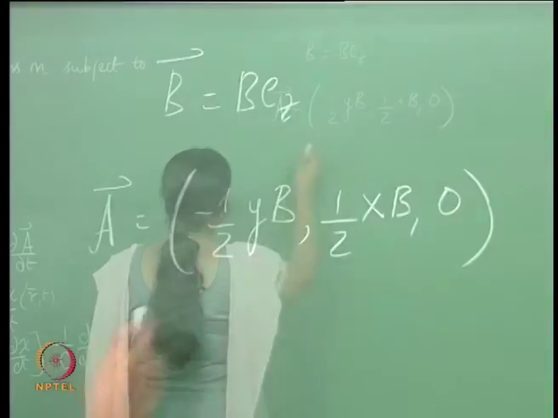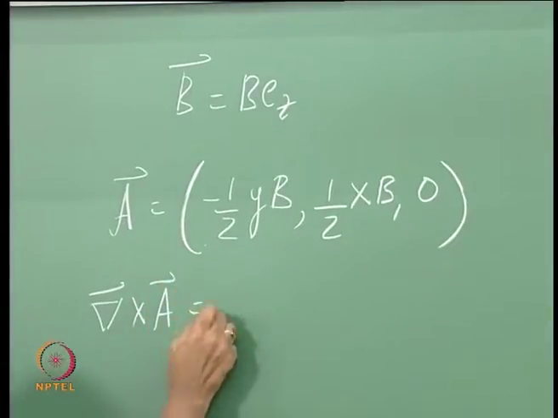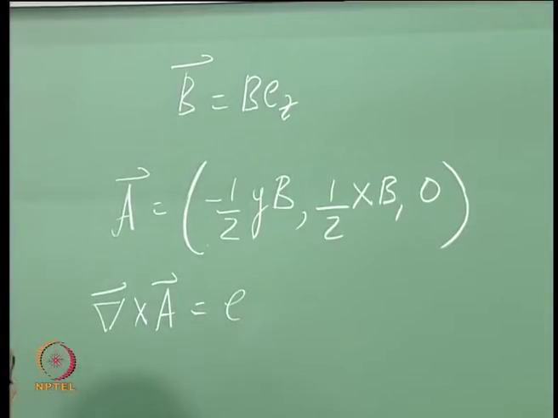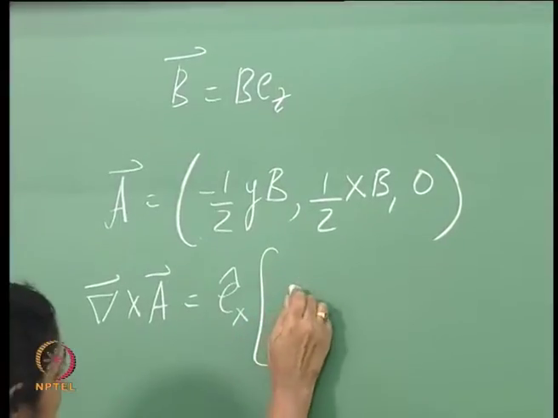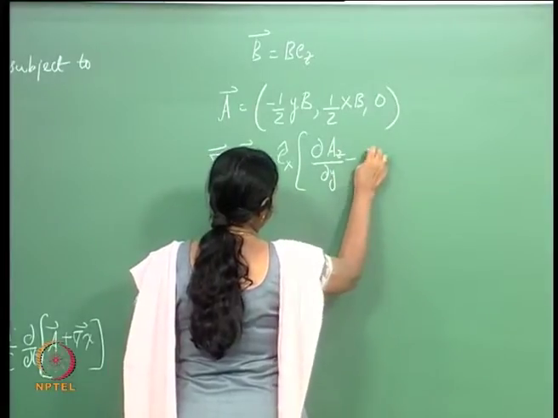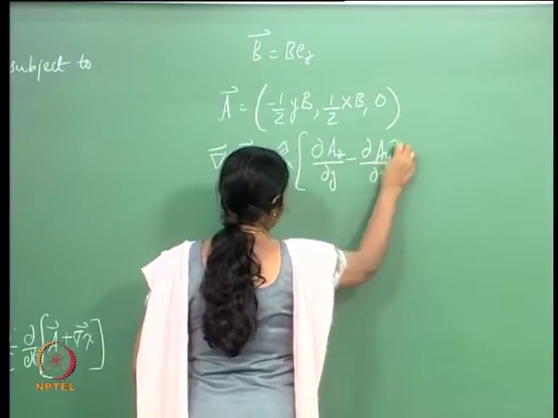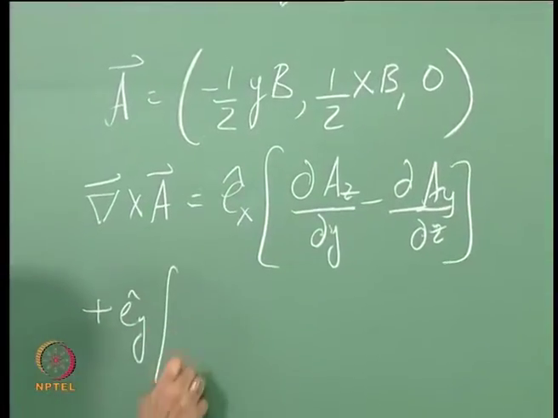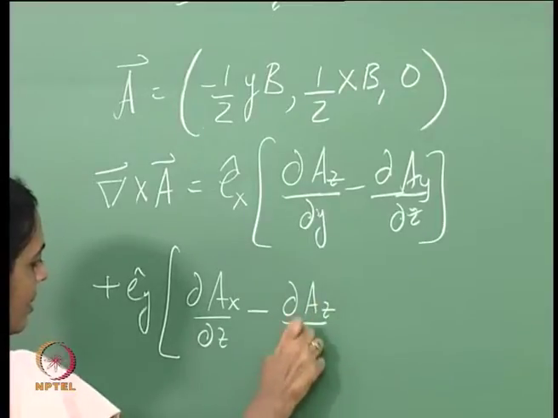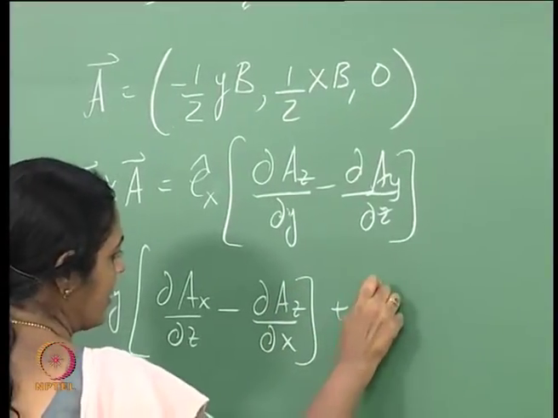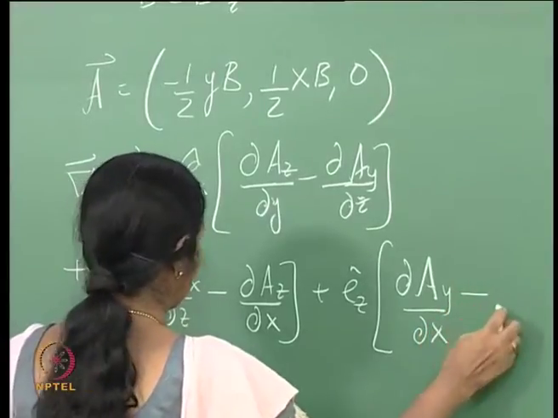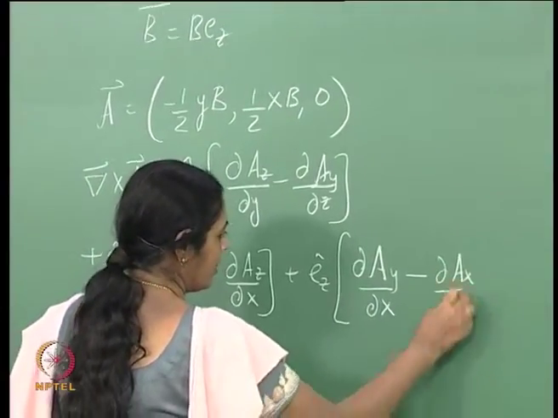Now, it is pretty clear that if I look at del cross A, that is simply going to be, in general, of course, Ex times delta Az by delta y minus delta Ay by delta z, plus Ey times delta Ax by delta z minus delta Az by delta x, plus Ez times delta Ay by delta x minus delta Ax by delta y.